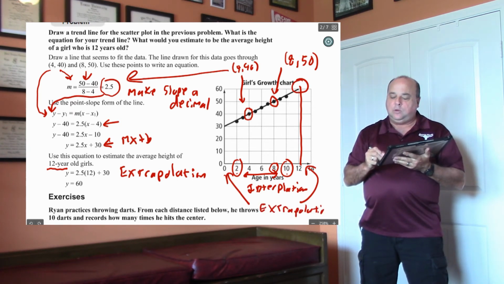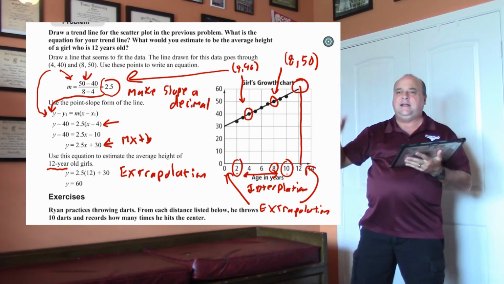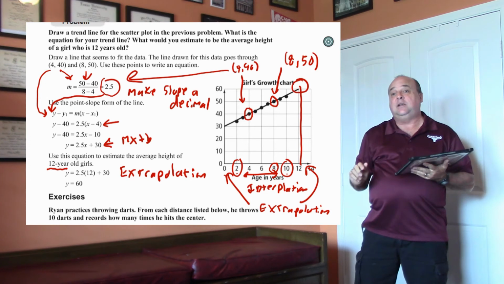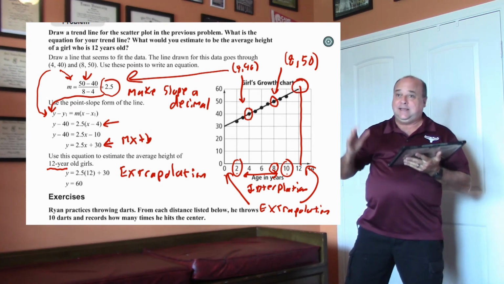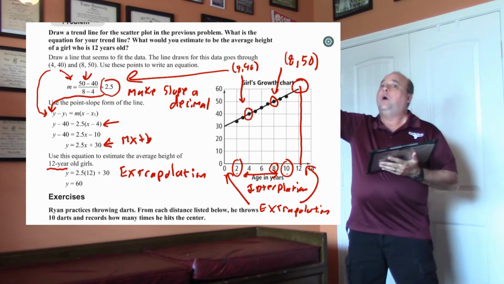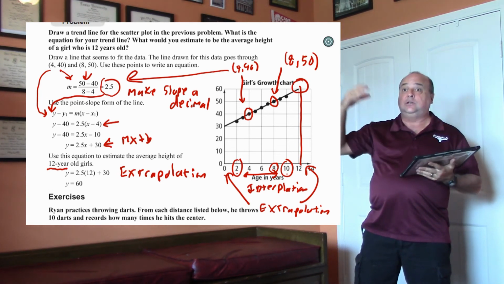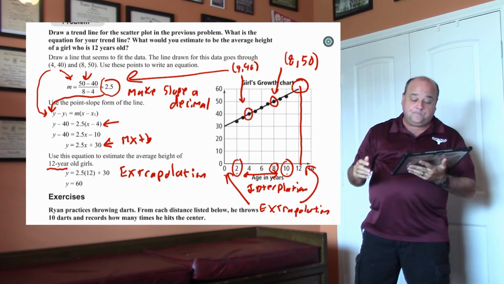Most of the time you will do extrapolation. You're going to go into the future, and it basically is the meat of statistics. That's a lot of what statistics is about. They have this scatter plot, and what will happen in the future. If you go into statistics, you're going to be doing a lot of that, okay?